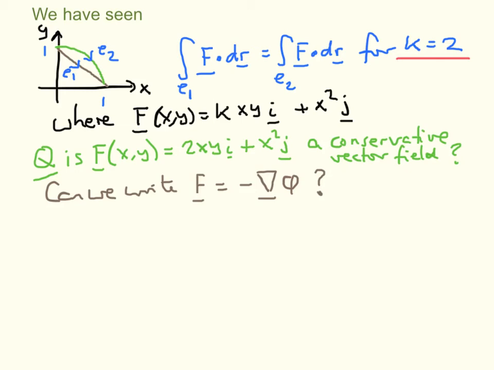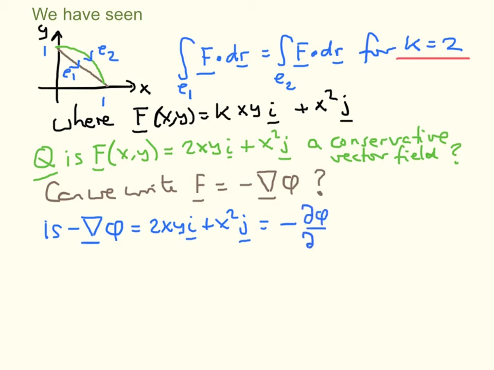Is the gradient of phi, or minus the gradient of phi, equal to 2xy i plus x squared j, and that means minus d phi dx i minus d phi dy j. So this gradient, this is what it means, putting the minus sign everywhere.